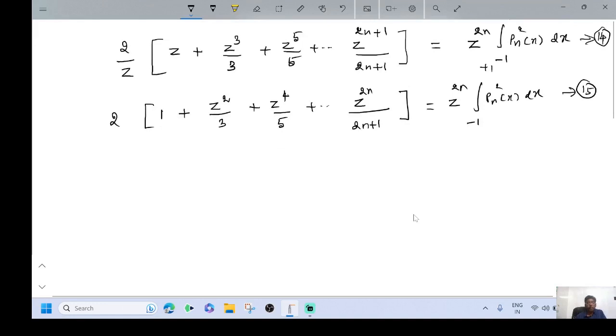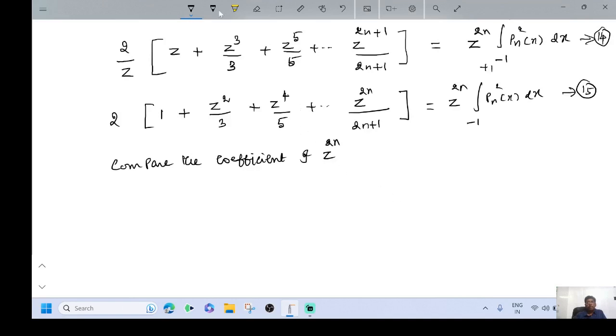Now compare the coefficient of z power 2n. If you compare the coefficient of z power 2n, you may get the integral of Pn square of x into dx equal to 2 divided by 2n plus 1.